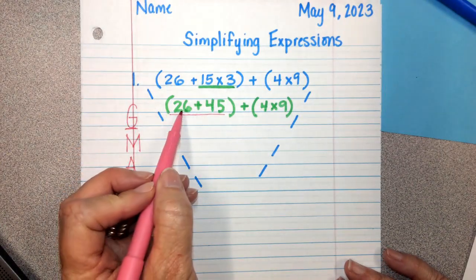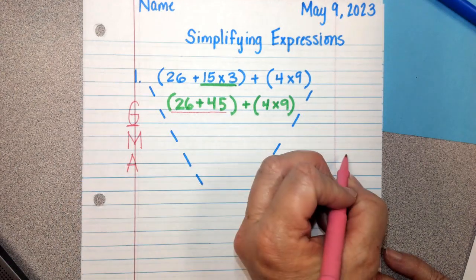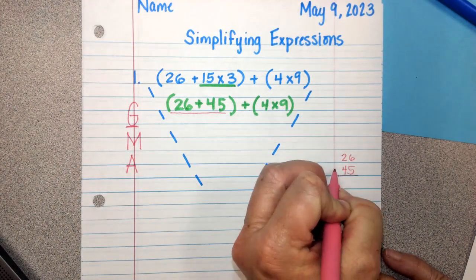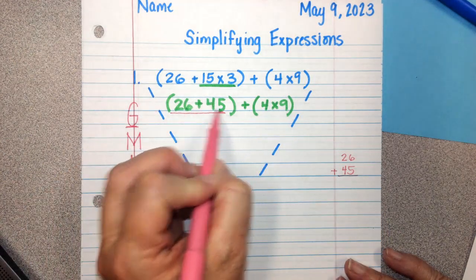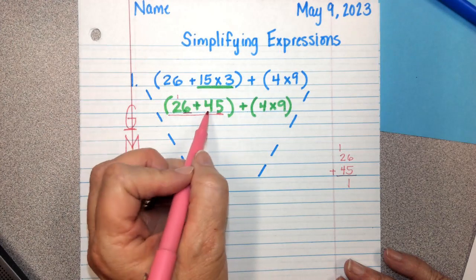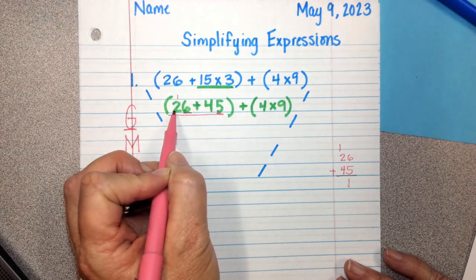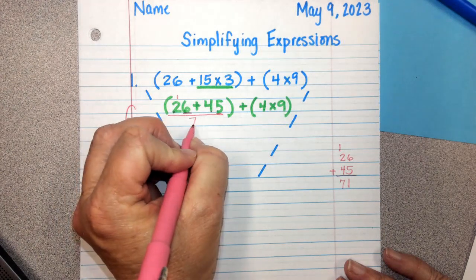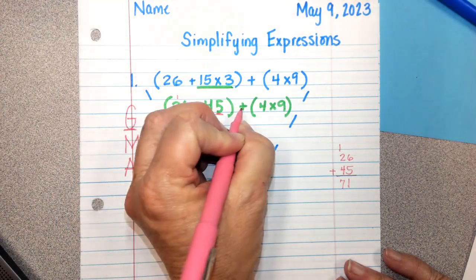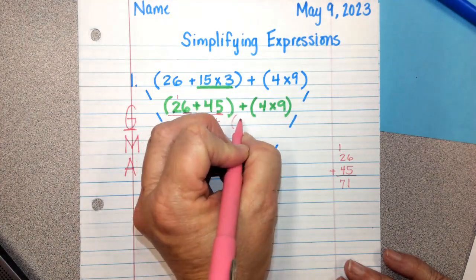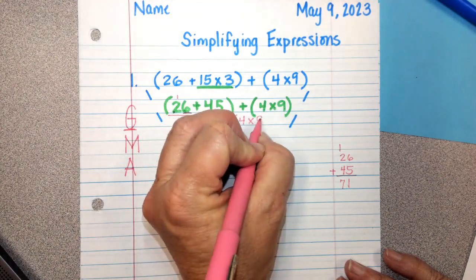So if I'm adding 26 and 45, if I need to, I can step to the side and put it out to the side, or I can simply take my 1s and my 1s, which is 11. And 4 and 2 would give me 6, plus 1 more gives me 7. So it looks like that total will be 71. Then I'm going to drop my addition sign, and I'm going to drop my second set of parentheses.